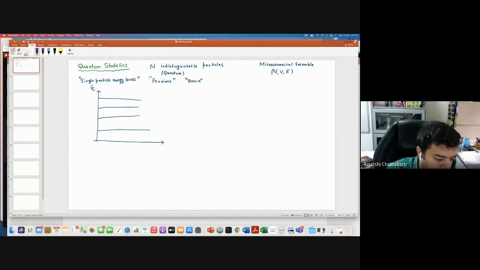Okay, and I say in this lower cell I have n1 number of particles, and I have g1 number of levels. Is this clear? So what I have is n1 particles in the first cell.